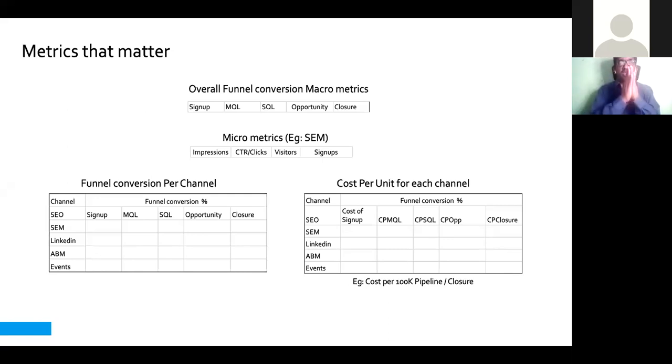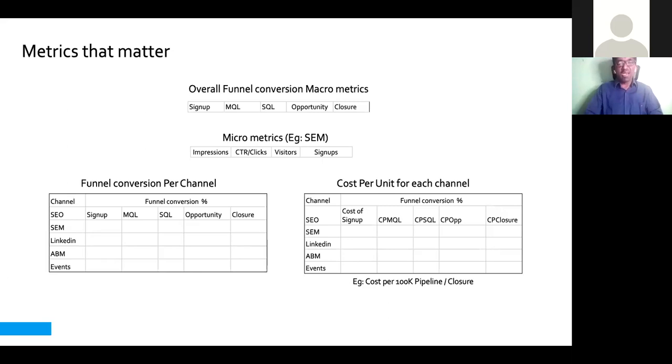Then within each part of the funnel, let's say between impressions, or the type of ads you're running, and signups, there is a set of metrics which you have to track. I'm giving an example of search engine marketing, where there are metrics such as impressions, clicks, visitors, signups. If you optimize this micro funnel, ensure you have the right ads, ensure you optimize your landing page, automatically your impressions to signup funnel would get optimized, correct?